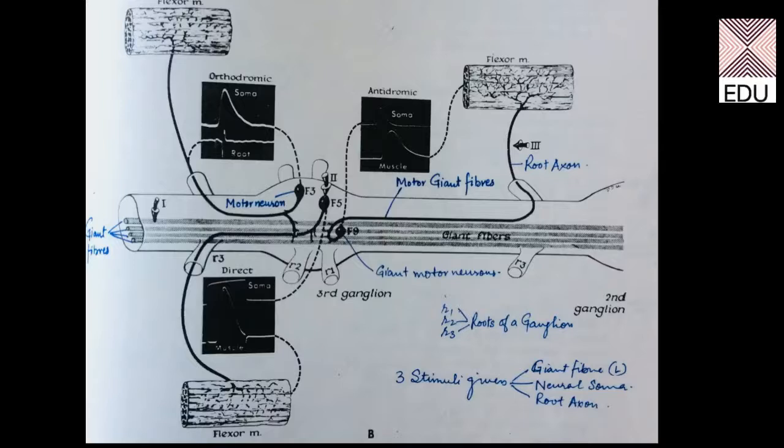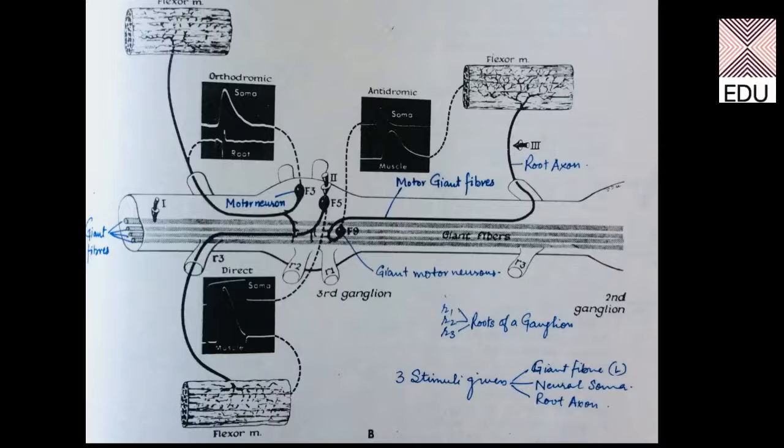So this particular diagram is just an electrophysiochemical experiment which has been done on the crayfish to show the electro responses of different motor giant fibers, the motor neurons, the flexor muscles.